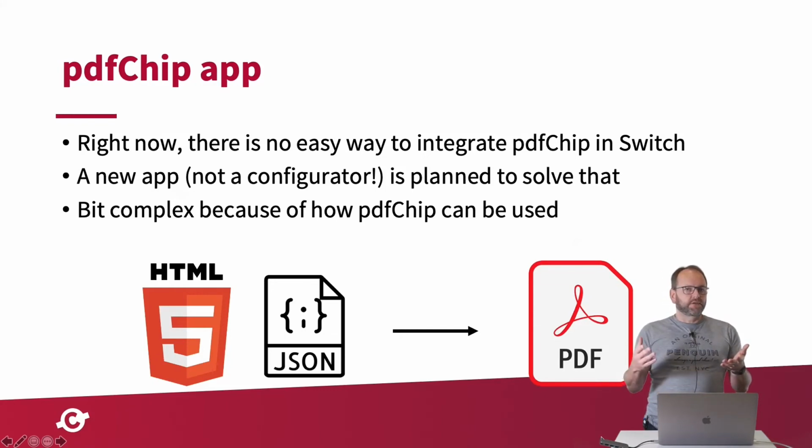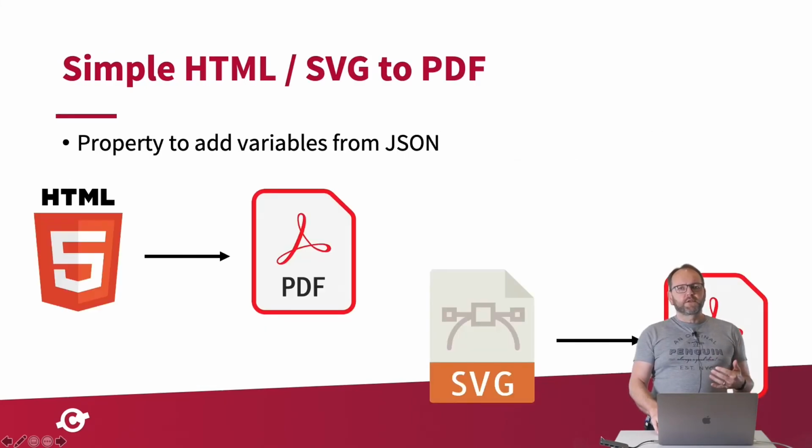And I've listed a JSON icon here, but however the variables come in, it's not that important, but you need to have data that is married with that template and then is used to generate a PDF document. When you think about that in a Switch context, there are multiple ways to implement that. And the app that is going to be created will allow you to use this in 3 different ways.